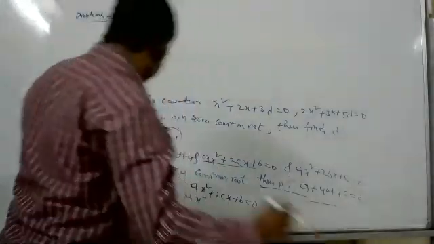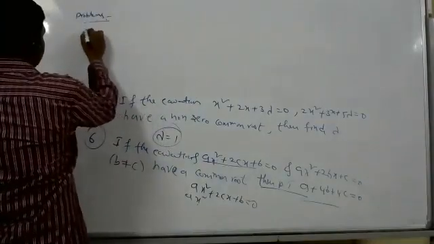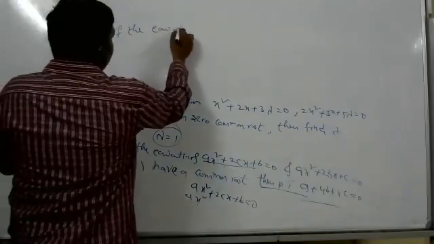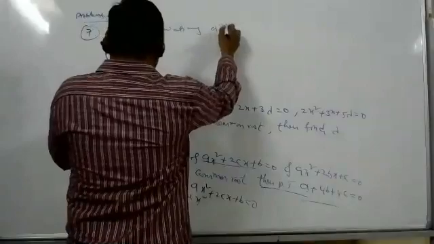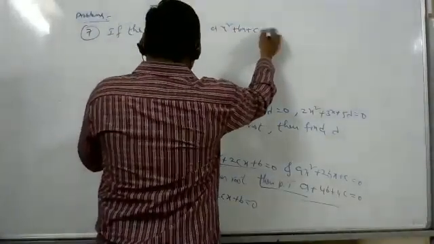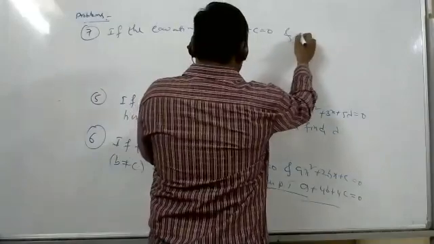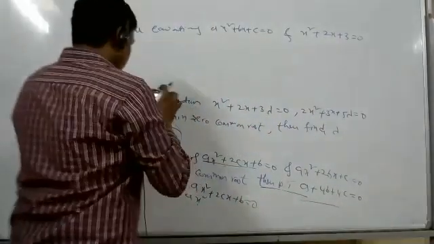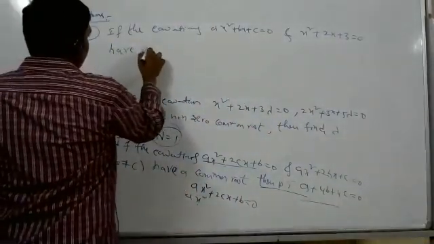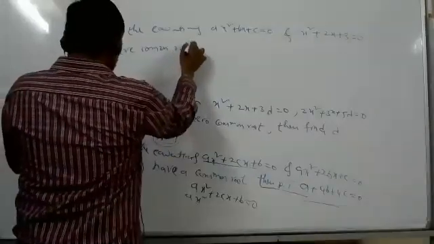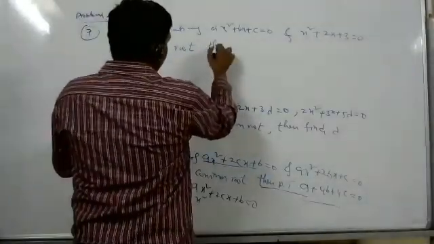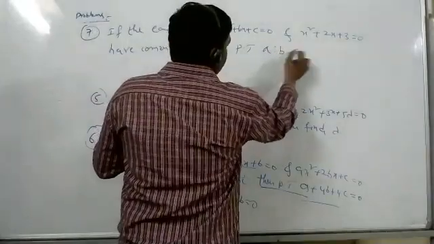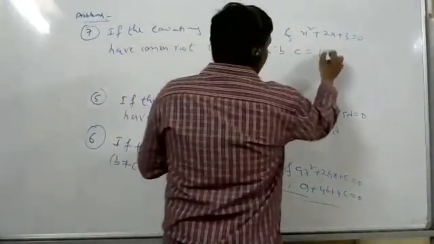Okay, next problem. 7th one. If the equations ax square plus bx plus c is equal to 0 and x square plus 2x plus 3 is equal to 0 have a common root, then prove that a is to b is to c is equal to 1 is to 2 is to 3.